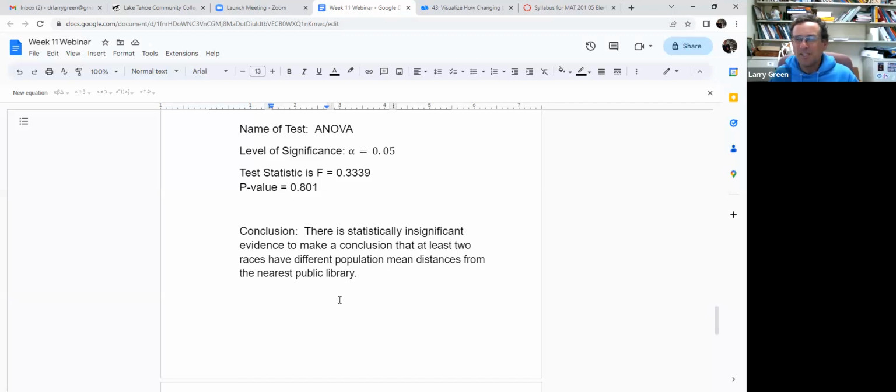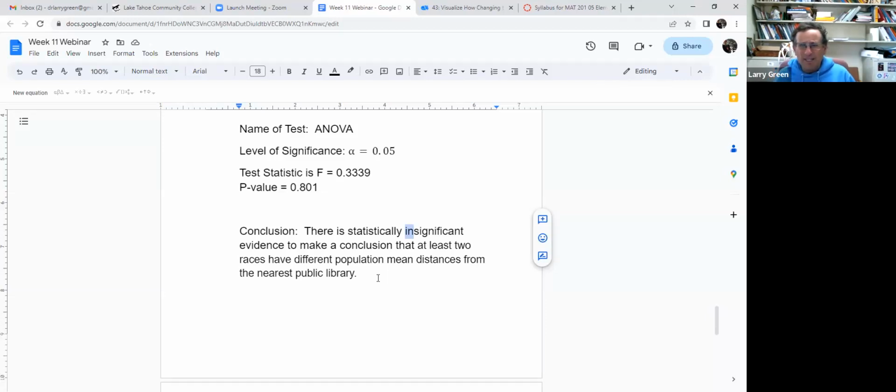What would the only change be? It's a very small change, but really big in importance. Really small in typing. Yeah. So if you had a very small p-value, you just get rid of the IN. And you would say there's statistically significant evidence to make a conclusion that at least two of the races have different mean distances from the nearest public library. Do you see that?